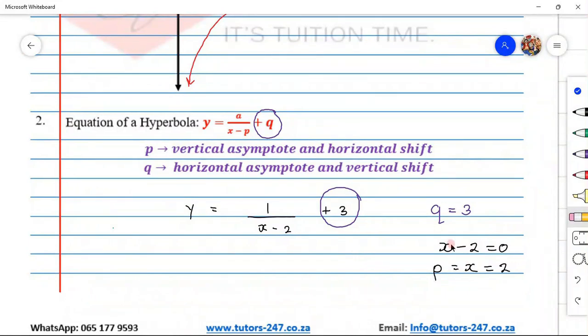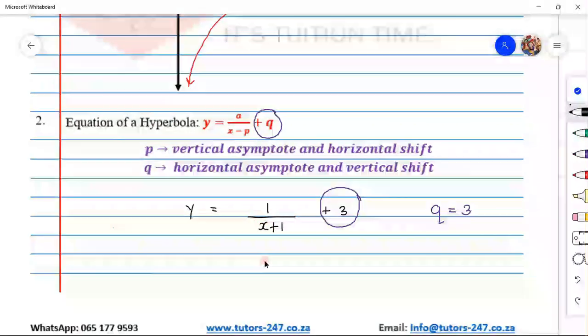Now let's do a different example of p whereby we've got x plus something. Let's use x plus 1. So this time we have a positive value after our x. So the easiest way that I like to use is to just take the opposite value that's given. So because you were given positive 1, you can just extract the opposite value.